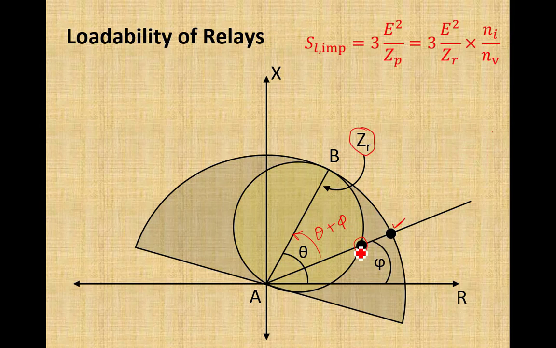Now the impedance up to this point will be the projection of ZR along this impedance line. So that is obviously ZR cos(theta plus phi).